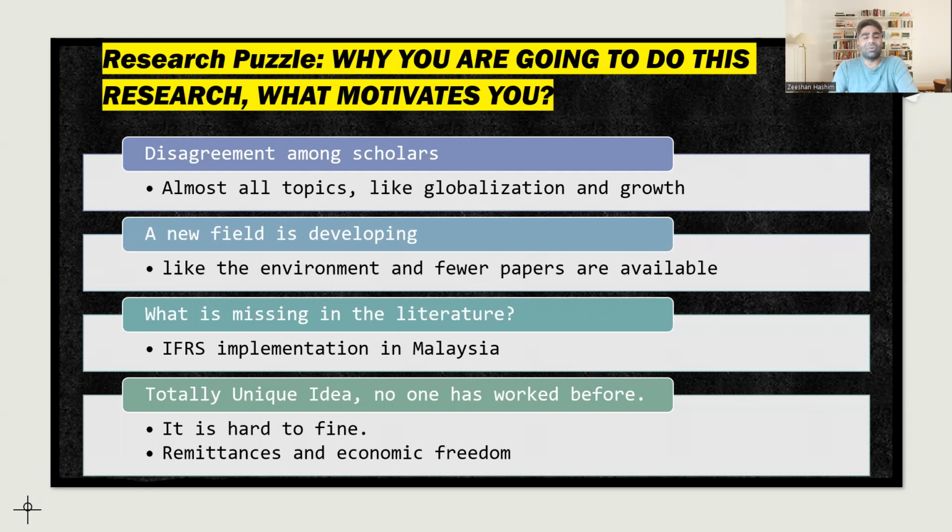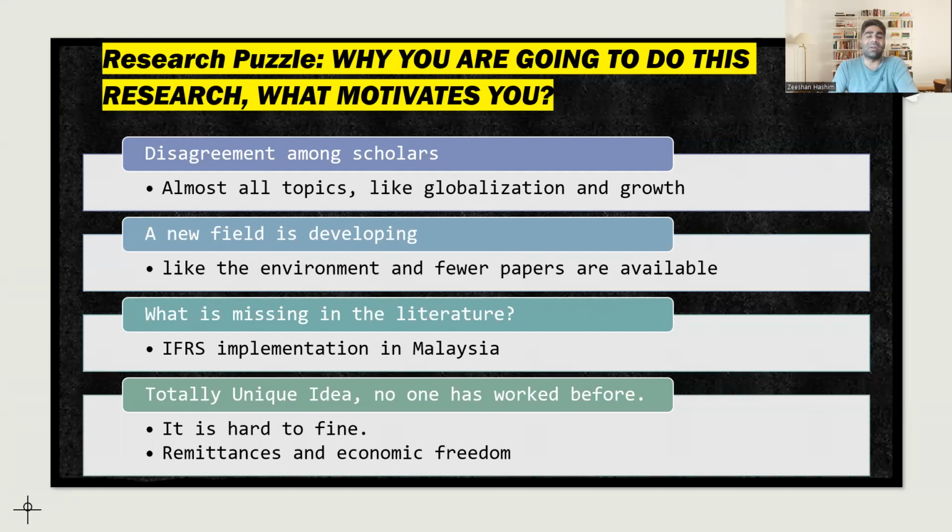And a totally unique idea, if you have one, remember that a totally unique idea means no one has worked on it before. It's very hard to find, because you can't say that I'm the only person in this world who is thinking about this research question and nobody has thought about it.